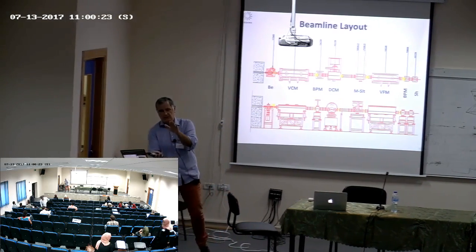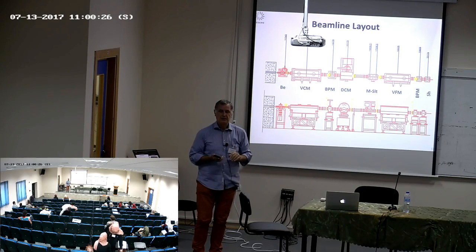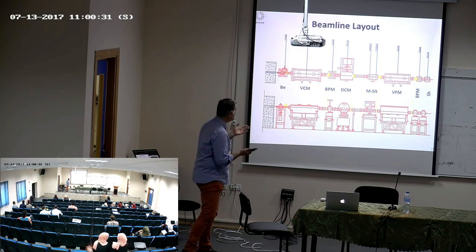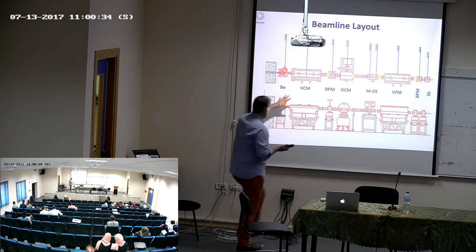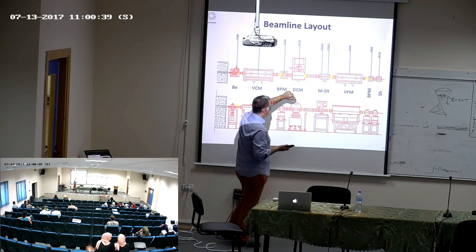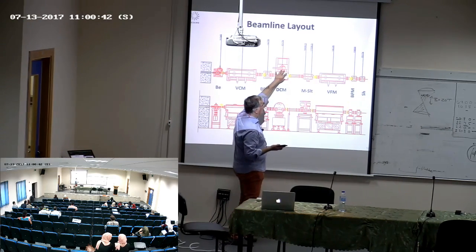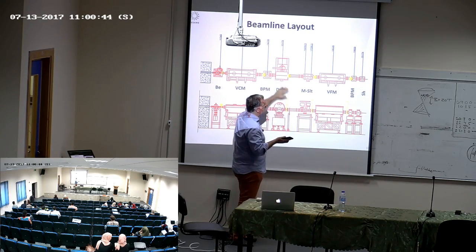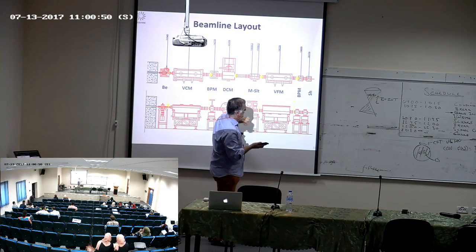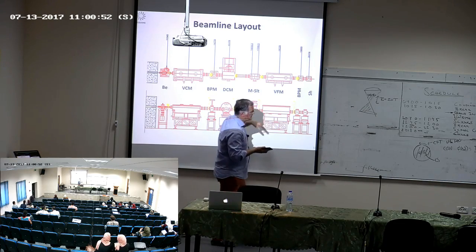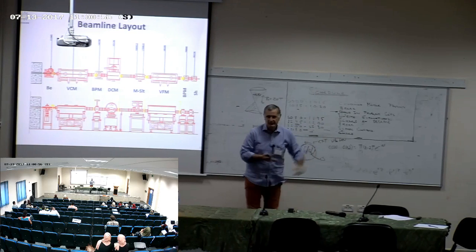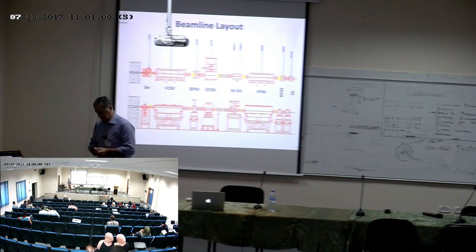It's a mirror which takes the divergent beam from the synchrotron and makes it parallel, because you want to have a parallel beam to select the wavelength. Then the horizontal focusing is done within the monochromator by bending the crystal. And then we have another mirror here. You see the side view, which focuses the beam more or less here in this scale, as you will see in a minute.